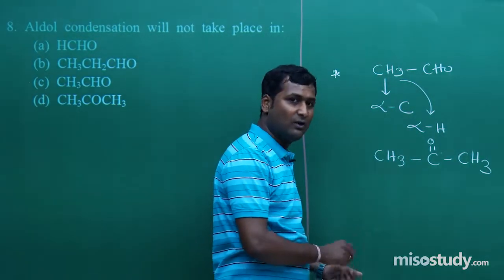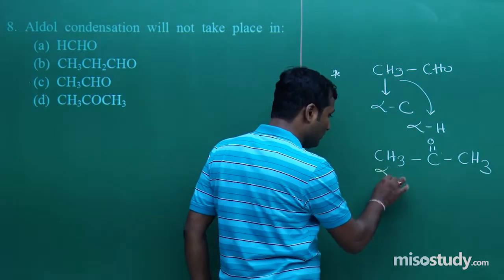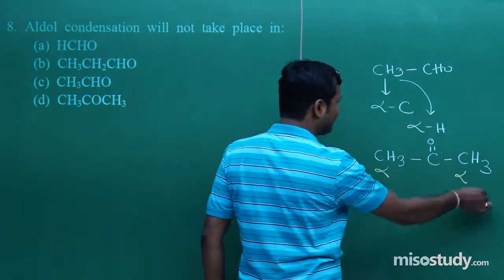CH3COCH3 will perform aldol condensation. So here also there is an alpha carbon, that is, alpha hydrogen.